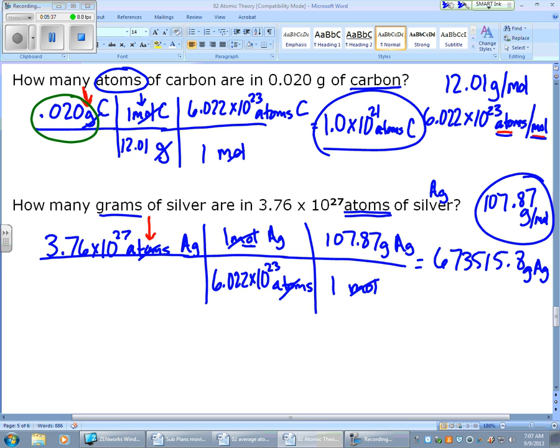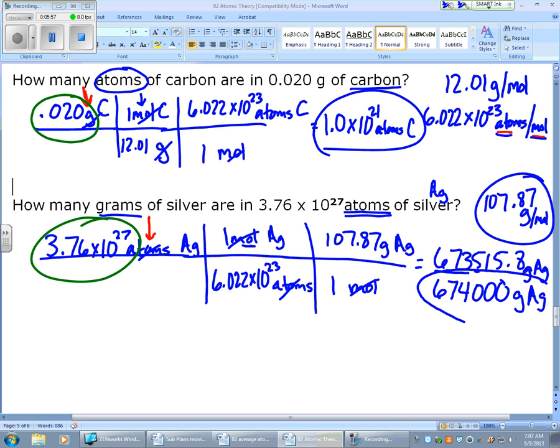I know I need to base my sig figs only off the number they gave me in the problem. That's 3 sig figs. So I go 3 numbers in, and then this 5 is going to make the 3 round up. So 674,000 grams of silver. And that would be my correct answer with the correct number of sig figs.